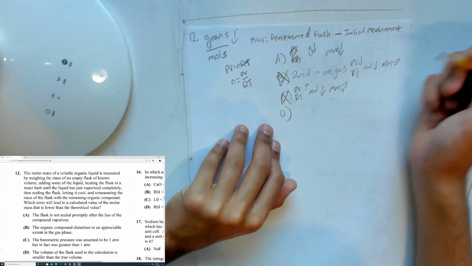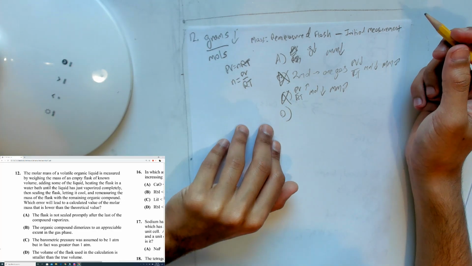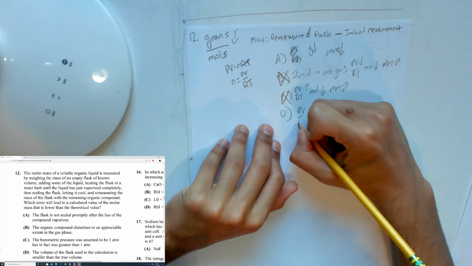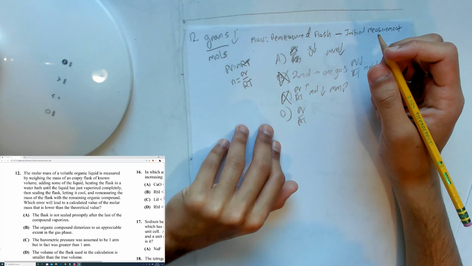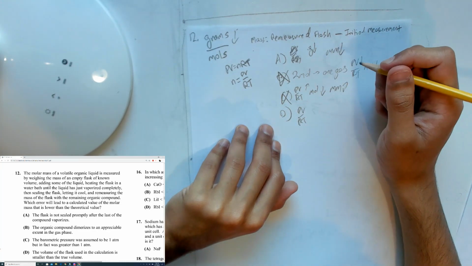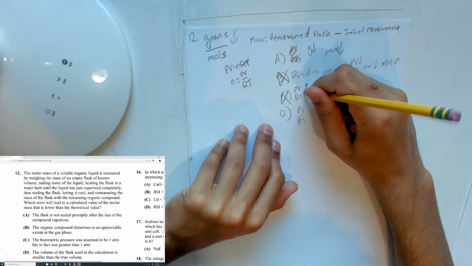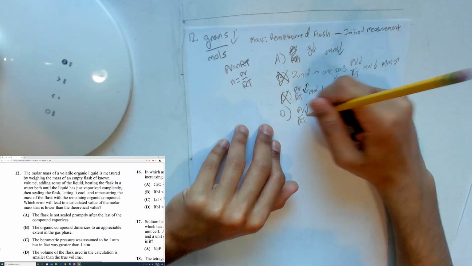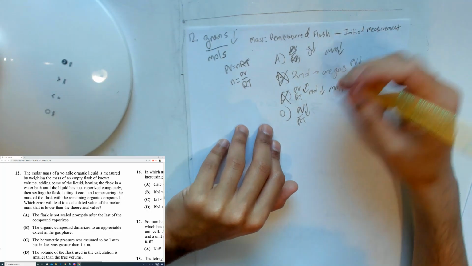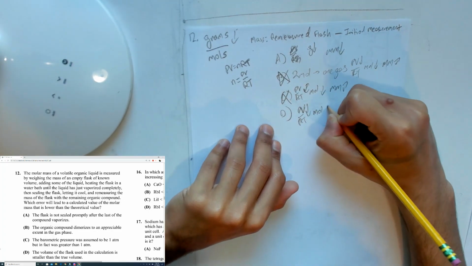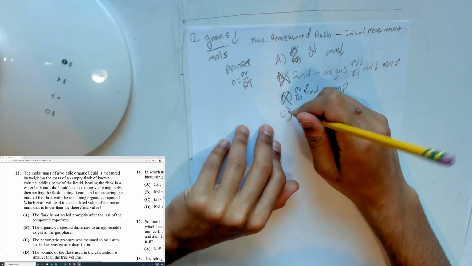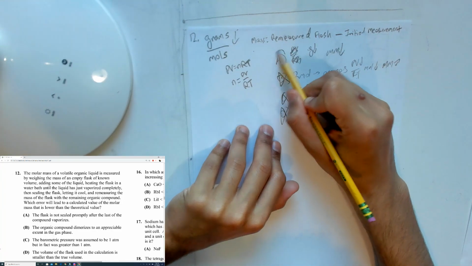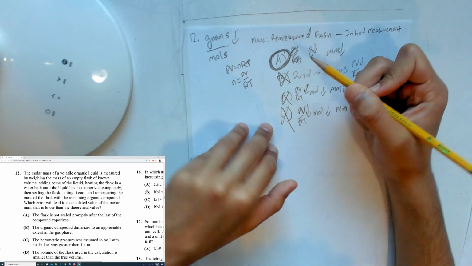Next, the volume of the flask, in the calculation, is smaller. So the volume of the flask goes down. You underestimate the amount of moles, and then the molar mass goes up. So that's wrong. So A is our correct answer.